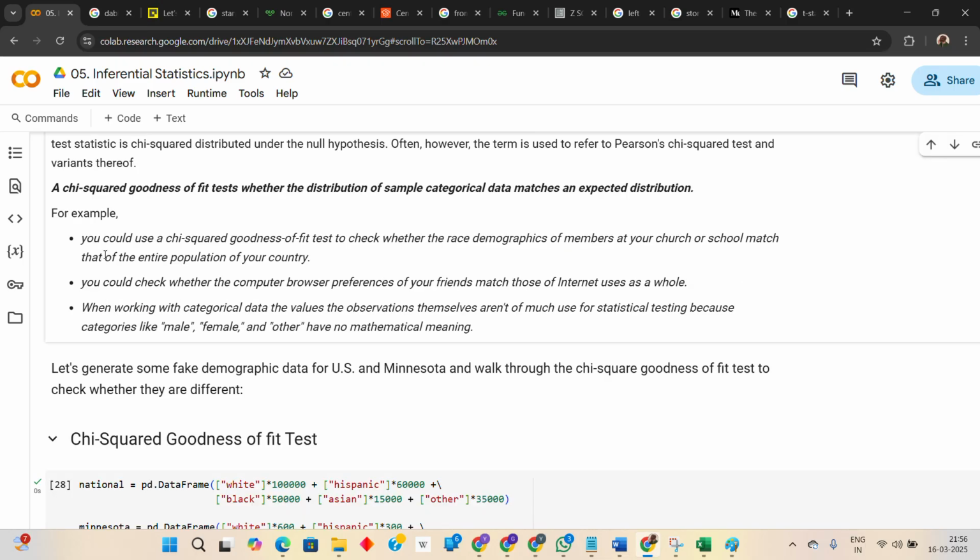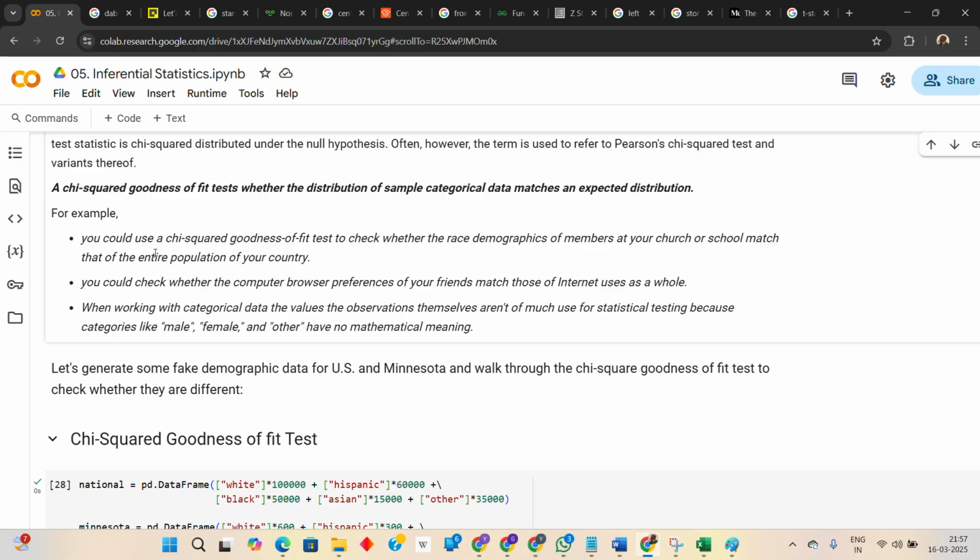For example, you could use a chi-square goodness of fit test to check whether the race demographics of members at your church or school match those of the entire population of your country. If you want to check the demographics of one place against the entire population, you can use the chi-square test. Also, you could check whether the computer browser performance of your friends matches that of internet users as a whole.